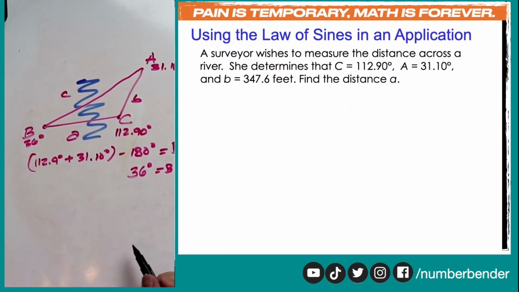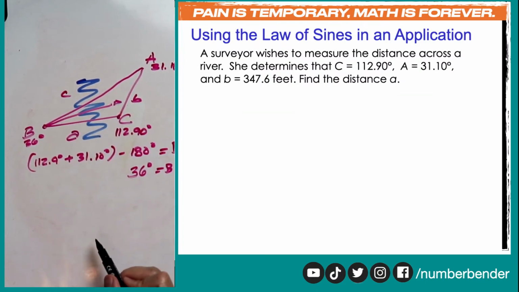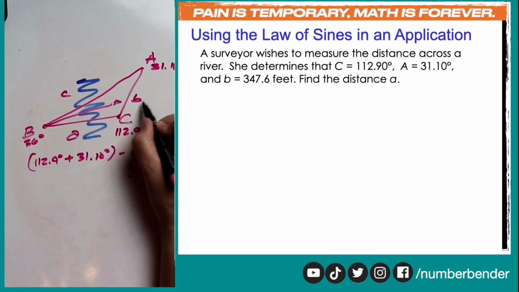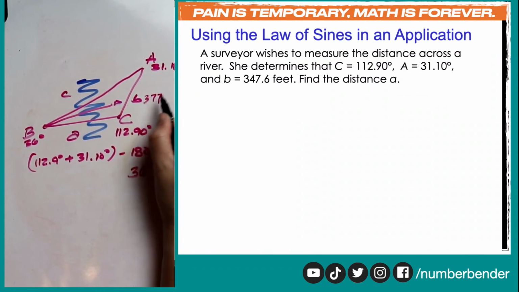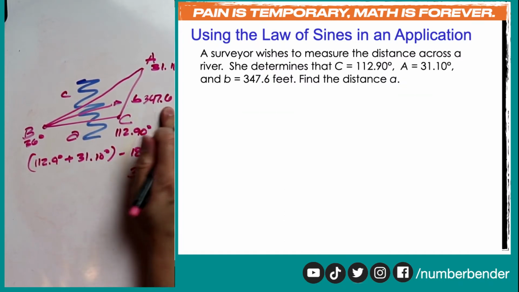And from here, we have the corresponding or opposite side of B, which is what is given in this problem, 347.6 feet.